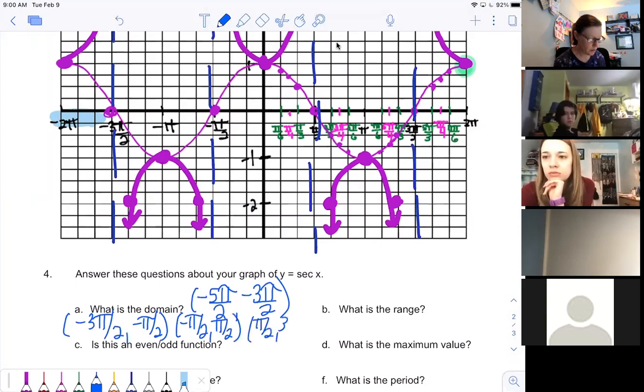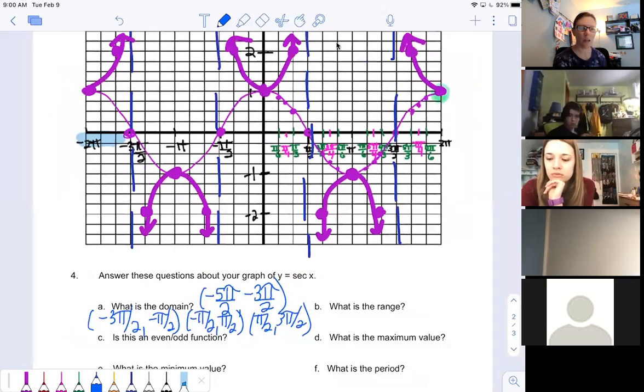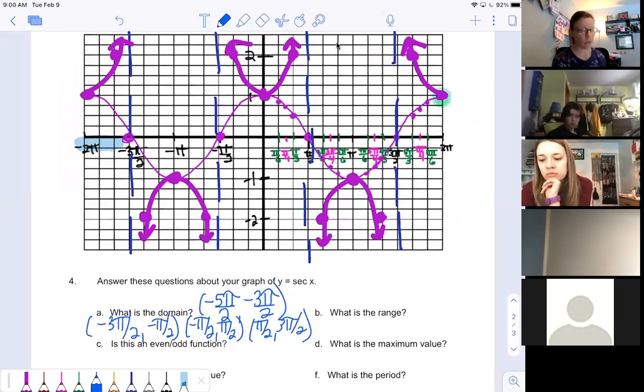So as long as you're understanding that the asymptotes are creating the domain, that would be the one thing to kind of understand. Part B wants you to find the range. If you look at this graph, remember the range would be the vertical part of the graph. Peter, what did you get for the range of this secant graph?